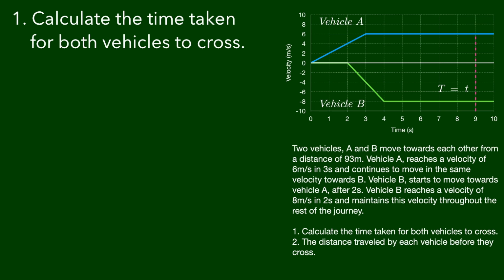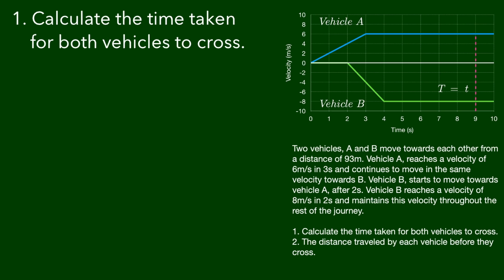Vehicle B starts to move after 2 seconds. Therefore, in the velocity time graph, movement of Vehicle B should start after 2 seconds. Please comment below if you have any questions regarding the XY quadrants used to draw the graph.